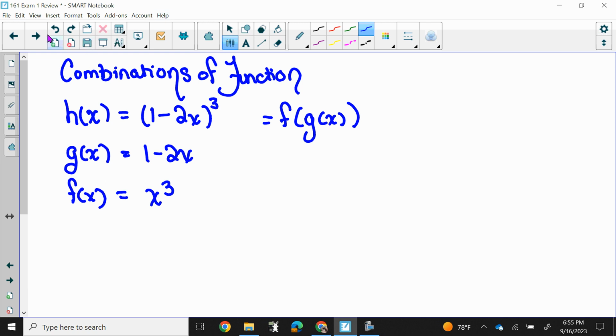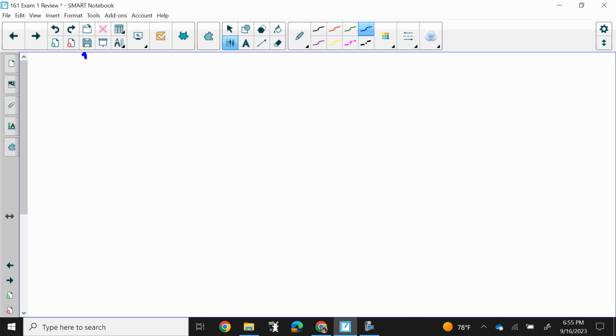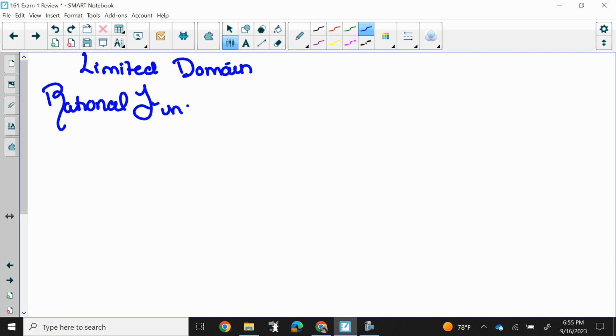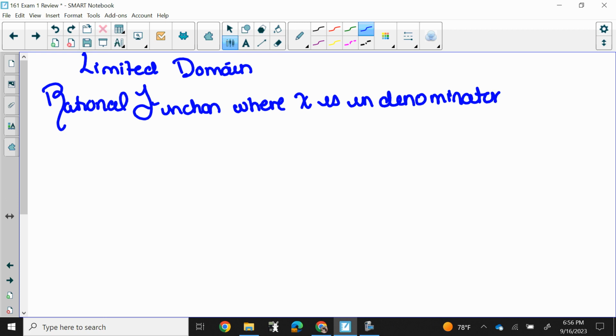The other thing I wanted to talk to you guys about was limited domain. We have limited domain on two major occasions. When we have a rational function where x is in the denominator, and the reason why is the denominator cannot equal 0.